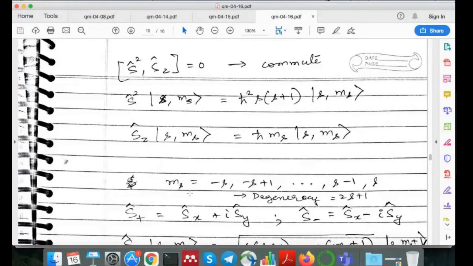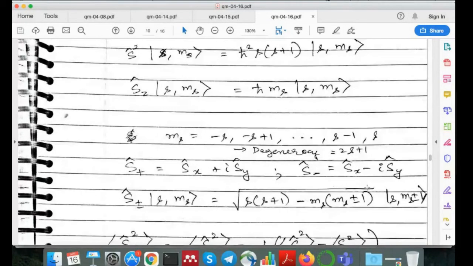Just like your m values, ms also takes values from -s to +s, and the degeneracy is 2s+1. So there are 2s+1 values of ms for every value of s. It is exactly the same as your orbital angular momentum.